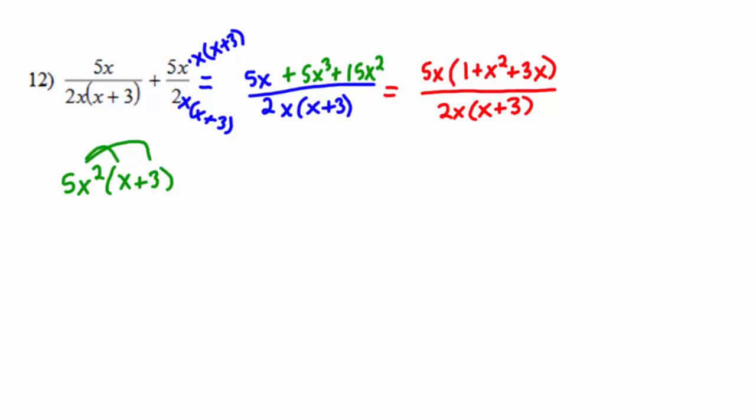And now, because on the outside I have an x and an x, it doesn't matter that it's 5x and 2x, it just matters that it's x and x. I can cancel those x's out. And so for my final answer, I'm going to rearrange this into standard form to make it look nicer. But this right here is my final answer.